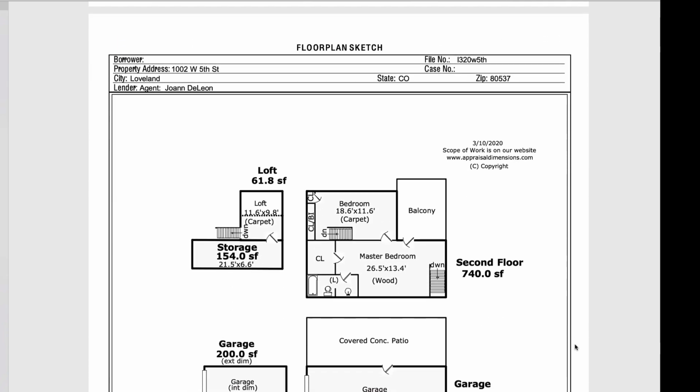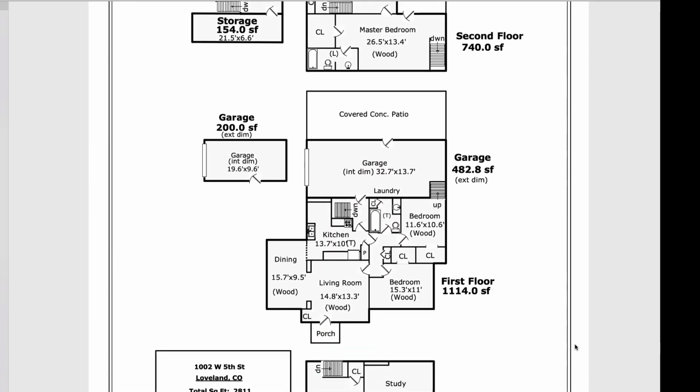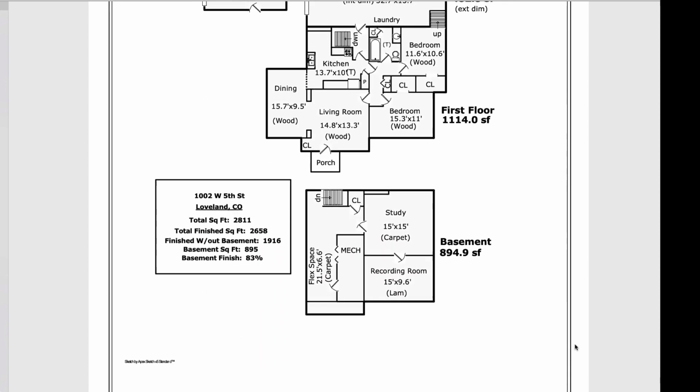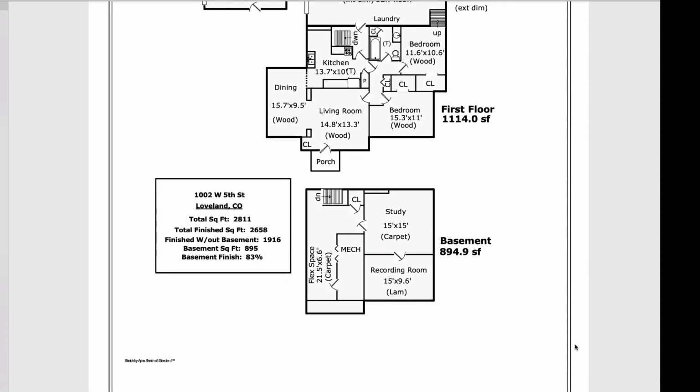The next thing we have is what we call a floor plan, and this is the really important thing. We actually had your floor plan measured so that we could have the most accurate measurement of the size of your property. A lot of times we'll look at previous MLS sheets, but in this case, there was no previous MLS sheet, so we just had it measured, because when we look at real estate, you're going to find that the size of your property is important.